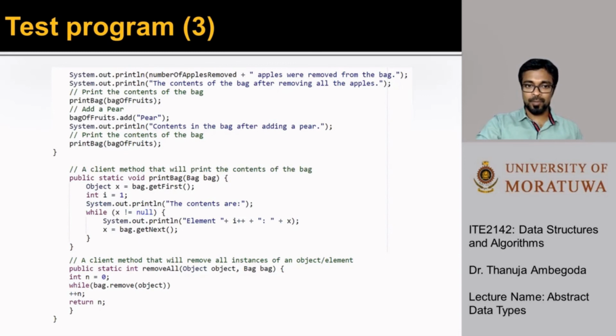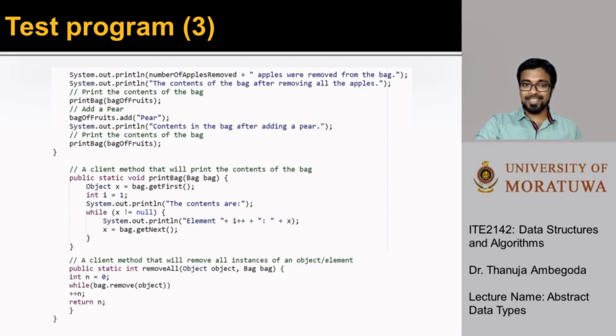So bag.remove(apple) removes the first apple and it returns true. And then it increments n. So n was 0 before, and then it becomes 1. If there's another apple, since we are still in the while loop, it will remove the second apple, right? And then again returns true. Let's say there were only 2 apples. So it increments n, becomes 2.